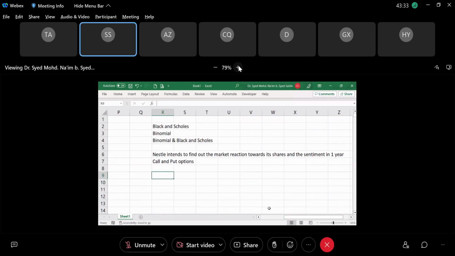Okay, so we are going to find the price of both call and put options, and then maybe we come up with something like an average of the price suggested by the models here.